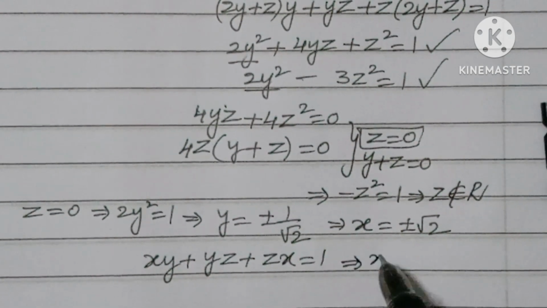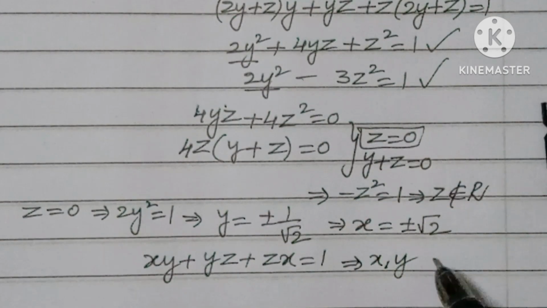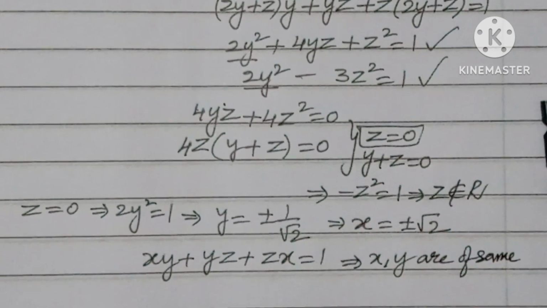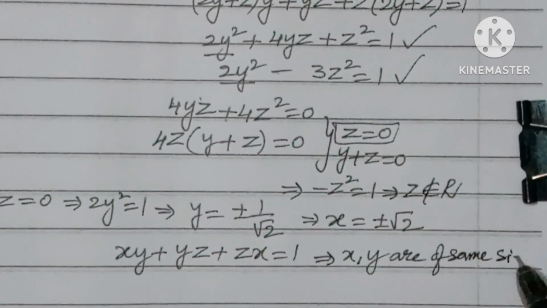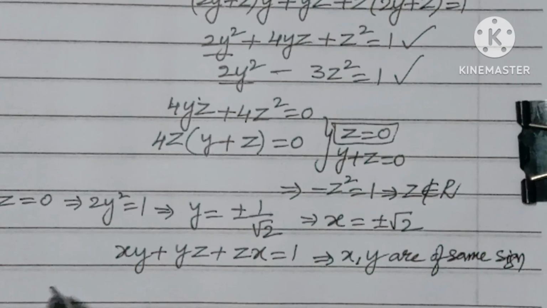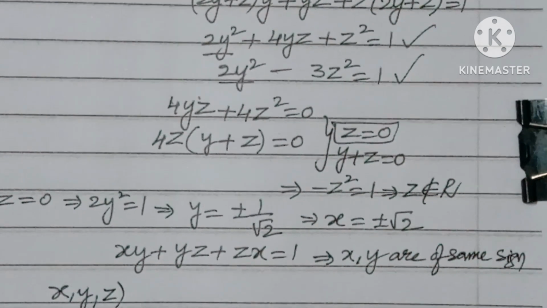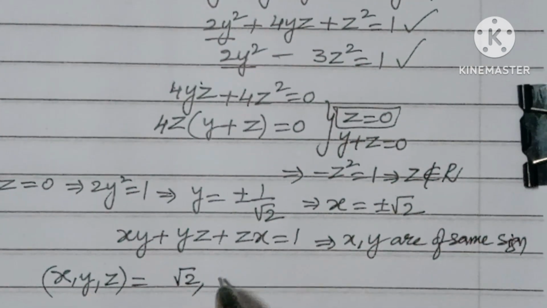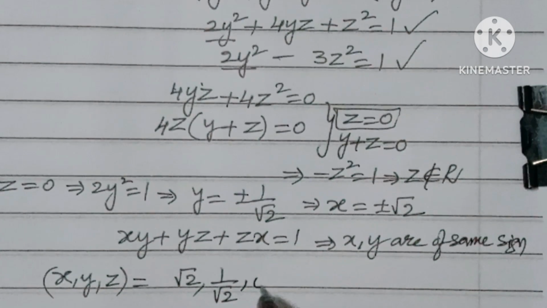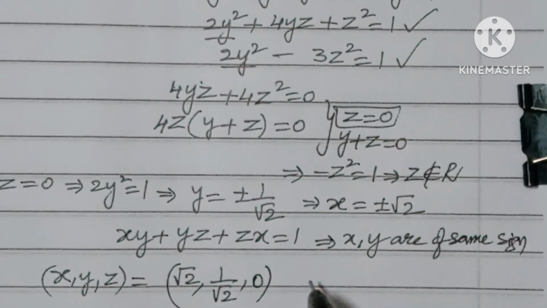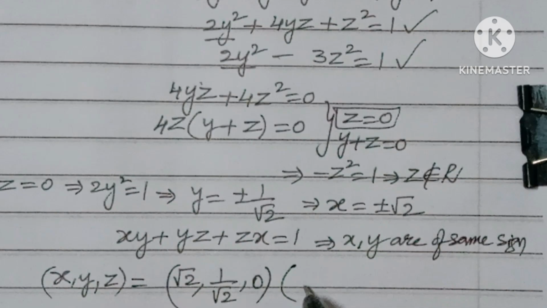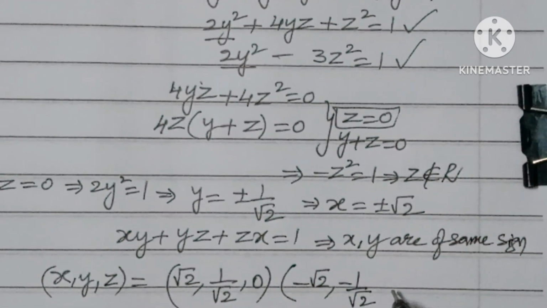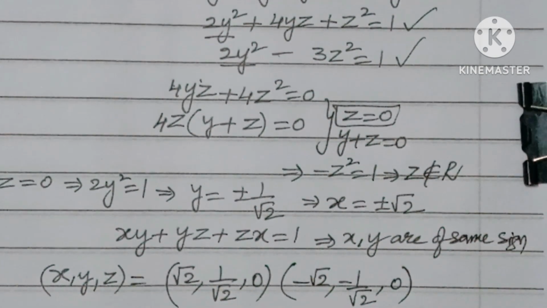That implies x and y are of the same sign. So here the result we get: x, y, z is equal to root 2, 1 by root 2, 0. The second case, x value minus root 2, y value minus 1 by root 2 and z value 0.